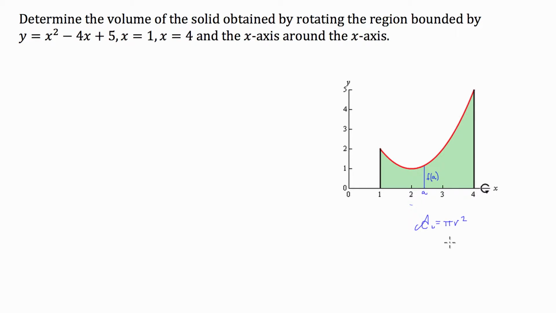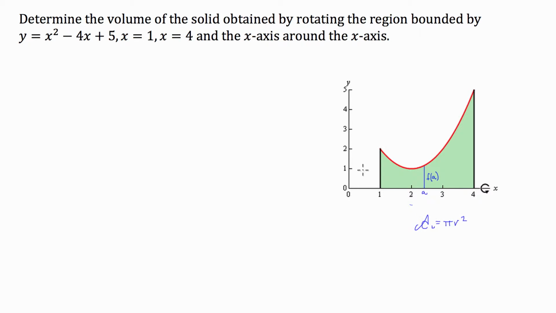So to start with, we have to come up with a formula that's going to give us the cross-sectional area of circles obtained at any point along this domain. We can see that the radius is just f of whatever x is.